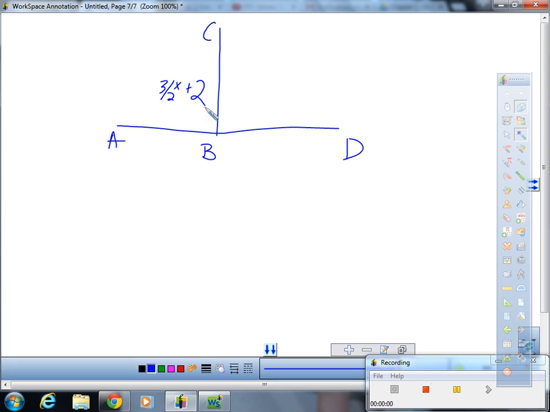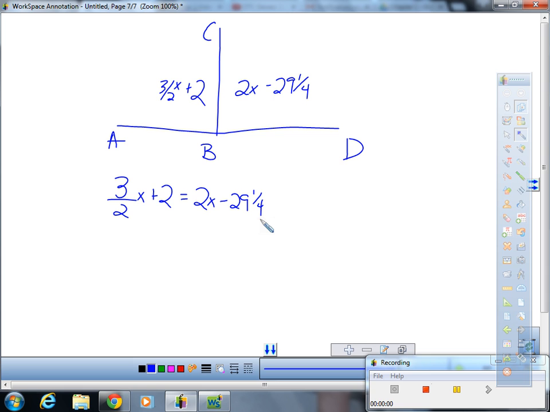And what does CBD say? 2x minus 29 and 1/4. Do I have everything written down right? So what do we know to be true about this problem? We know that they're equal. So I can say that 3/2 x plus 2 is equal to 2x minus 29 and 1/4.